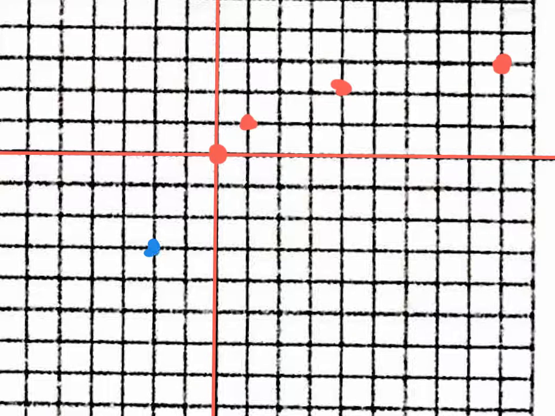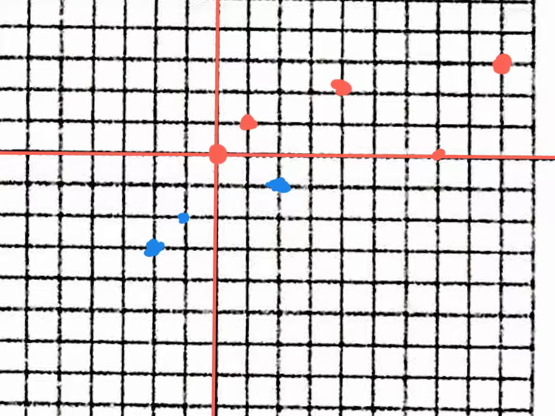Okay? I'm going to put this in blue. Now, the next one, if I move it 2 to the left and 3 down, it's going to be right there. The next one, if I move it 2 to the left and 1, 2, 3 down, it'll be right there. And the last one, 2 to the left and 1, 2, 3 down, it'll be right there on the x-axis.